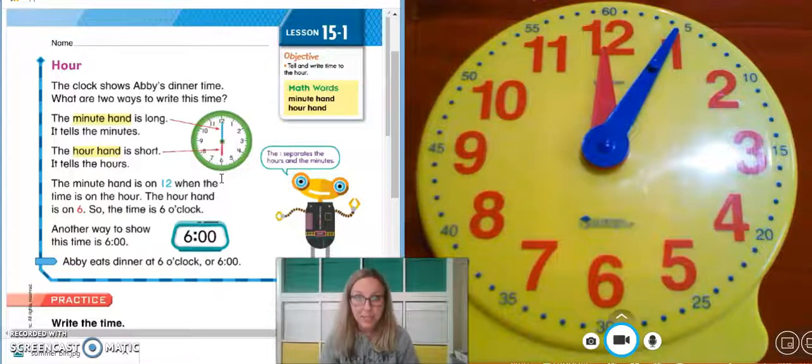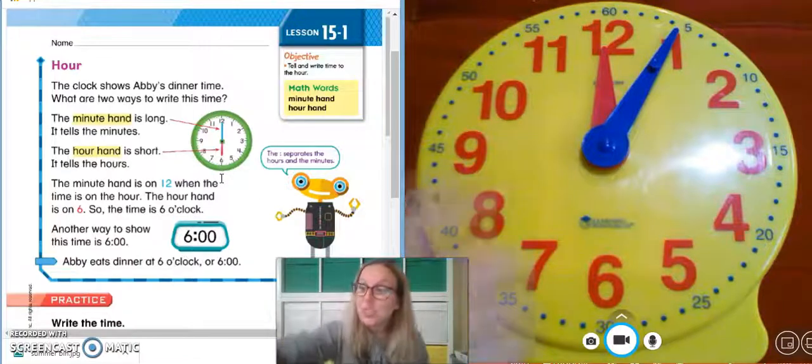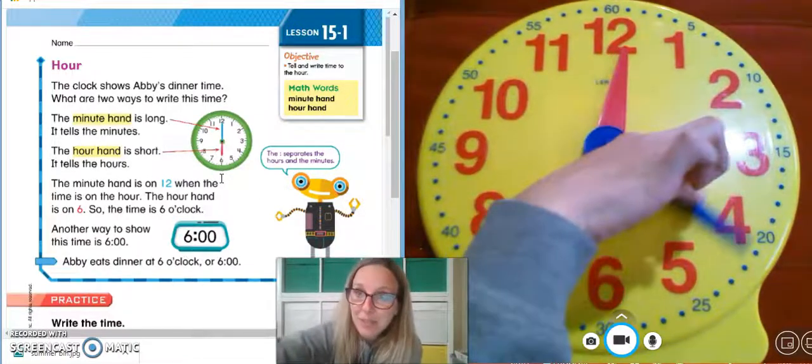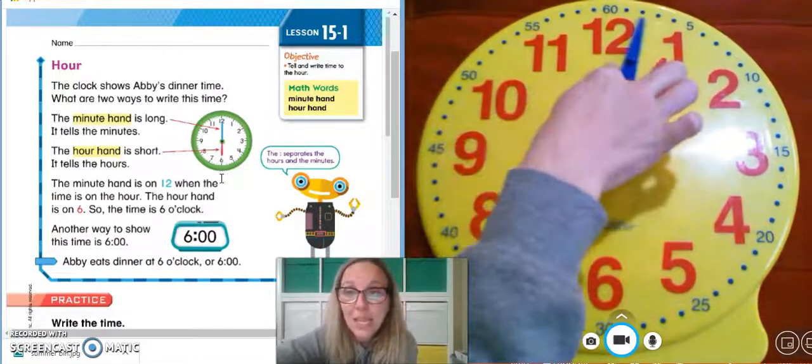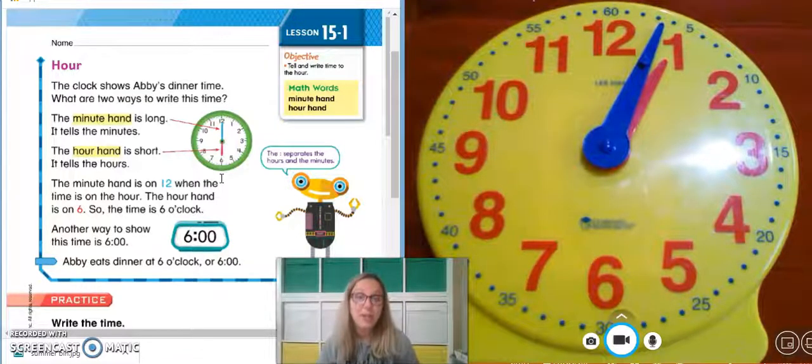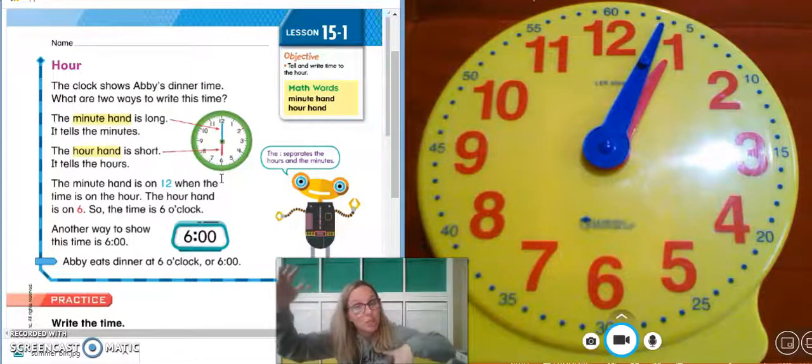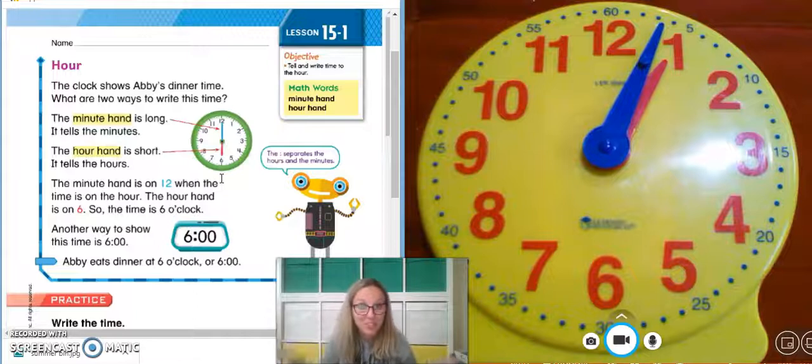A minute is a quick 60 seconds, where an hour is a lot longer. And so if someone had really long legs, they could run much faster. So our minute hand flies around our clock very quickly because a minute is quicker than an hour. So I put that in my brain. So our blue hand is our minute hand, and it's longer because longer legs run faster, like minutes.